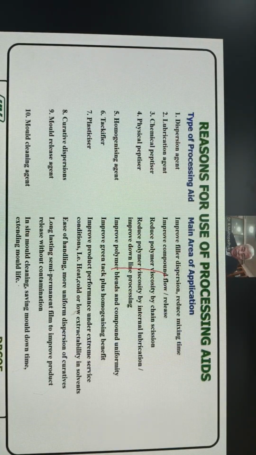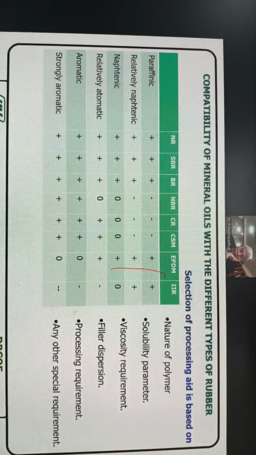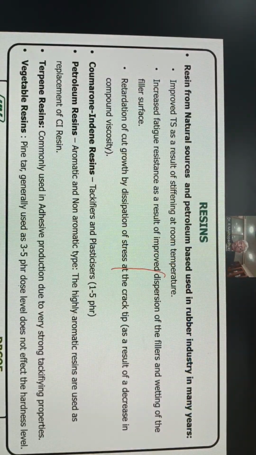I don't want to explain. Then we have different processing aids: dispersing agent, lubricating, peptizers, homogenizing agent, tackifier, plasticizers. Depending on what you need, you can select accordingly. Then the resin, that is very clear.